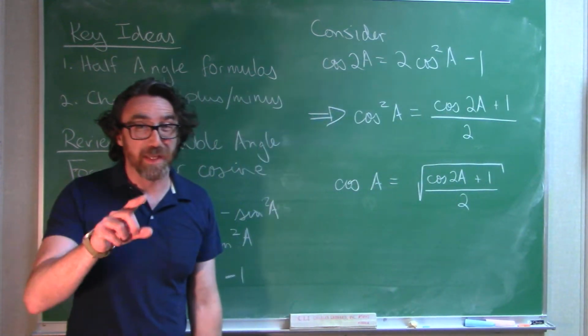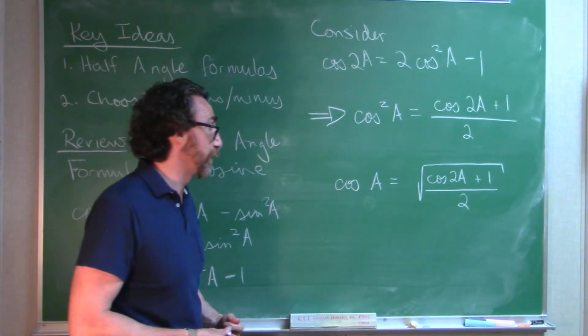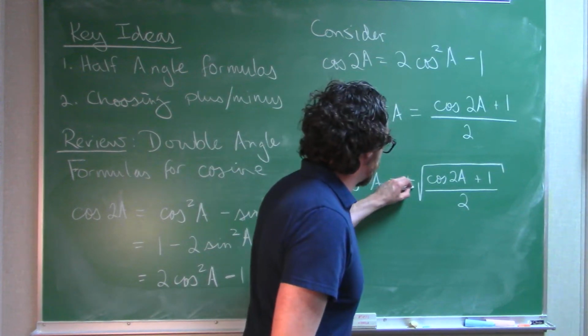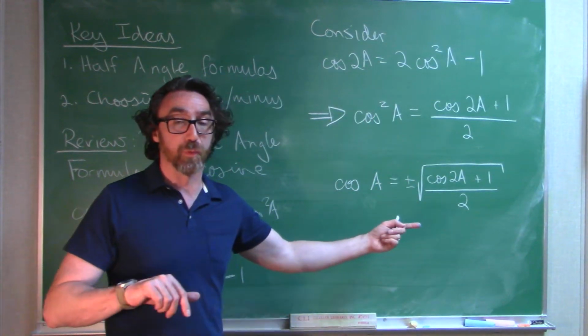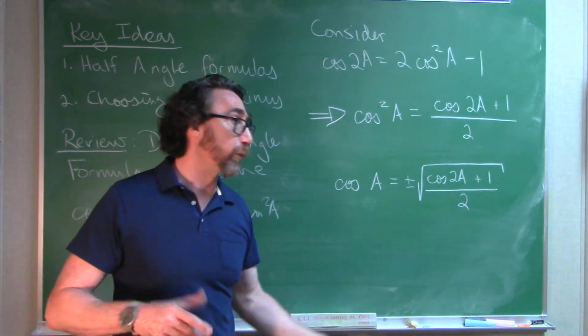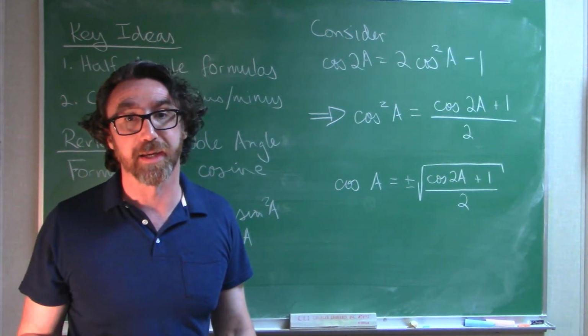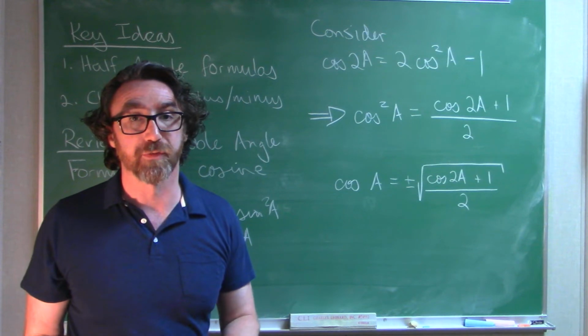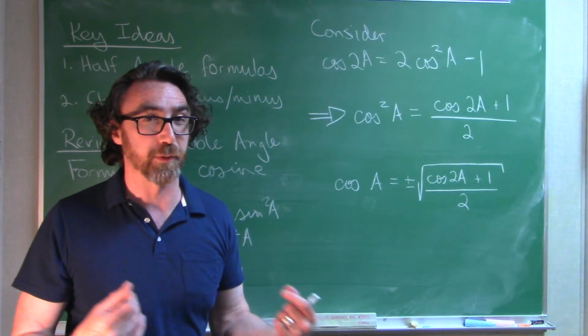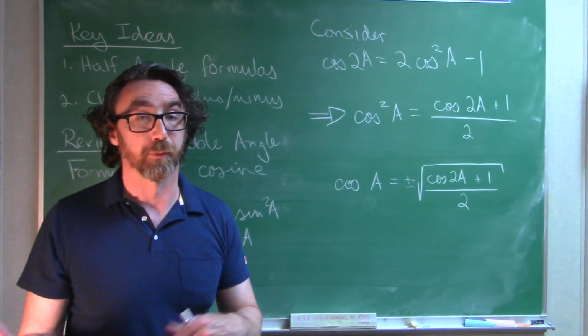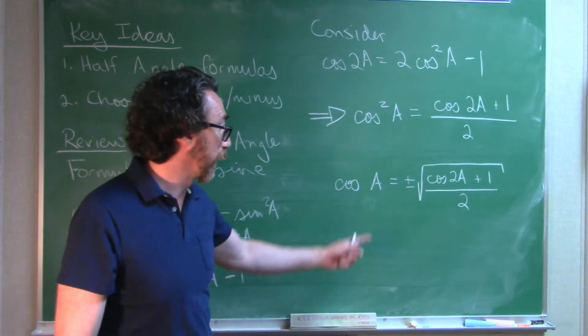Now when I do that, I do have to account for the possibility of this answer either being positive or negative. I don't know which one. So for example, if I told you I squared something and I got 9, there's no way for you to know if I started with 3 or negative 3. So you've got two possibilities there. So that's what we've got right here.